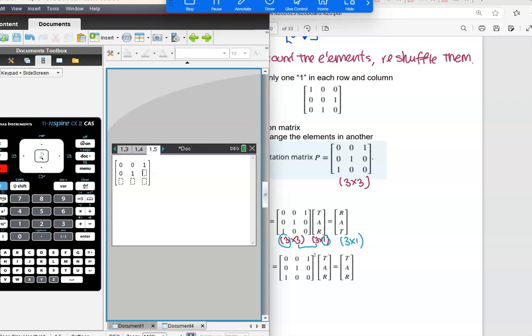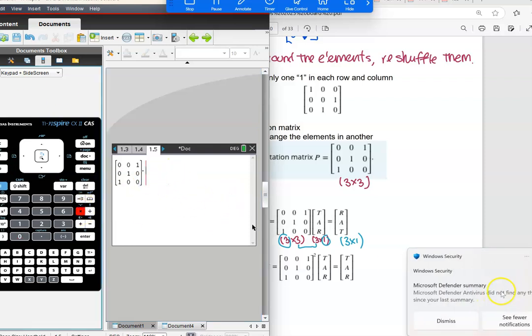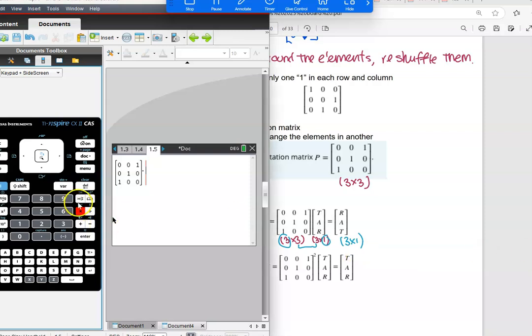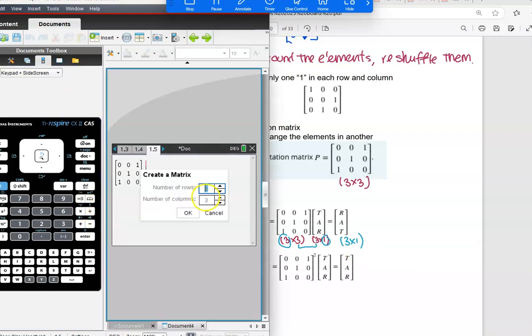We pop this in, and we times it by the 3x1. You can put letters into your elements, it doesn't matter. I started off with TAR, and when it's multiplied by that permutation matrix, you can see it moved it around. The T went down to the bottom, and I got the letters RAT there.